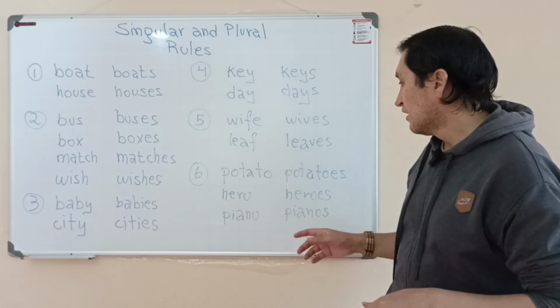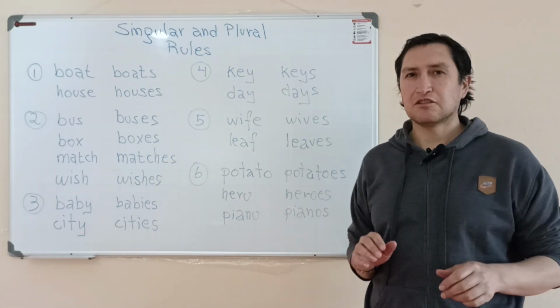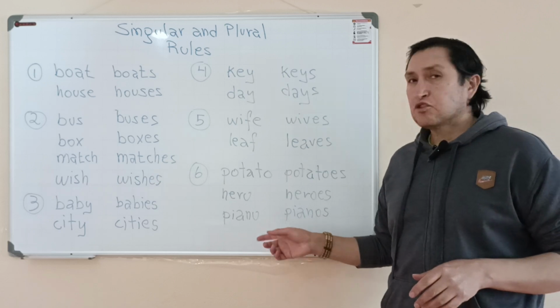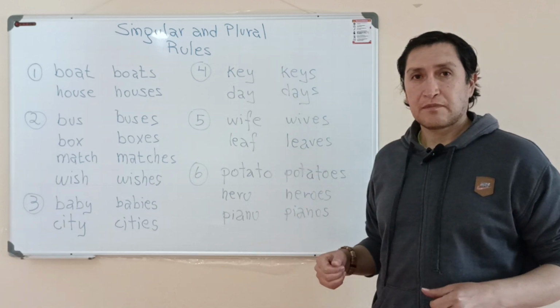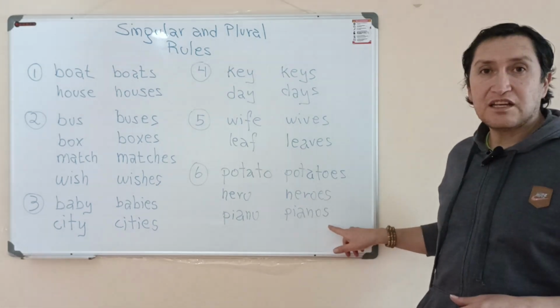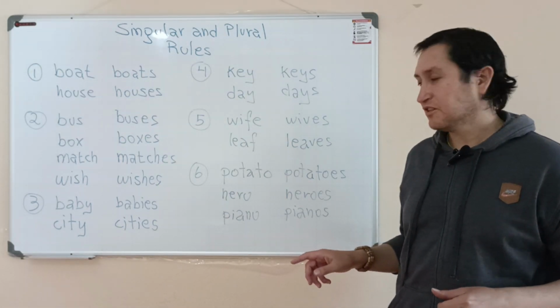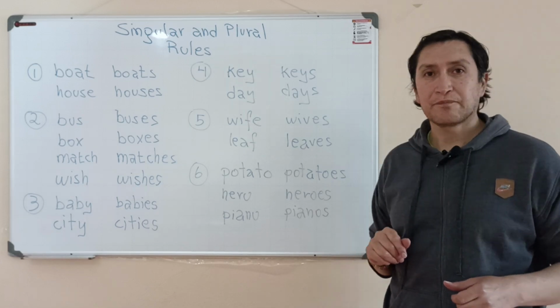So piano is a French or Italian word, I'm not sure, introduced to English. In that case, piano, add only S. Pianos is the plural form. So it's an exception to the rule.